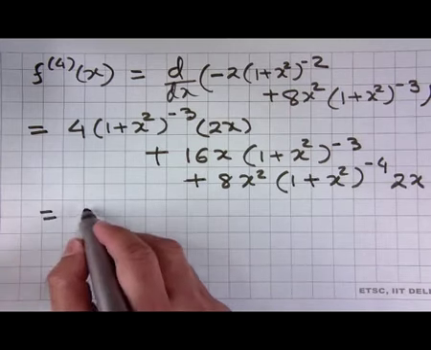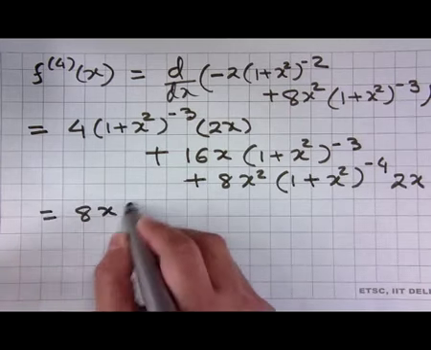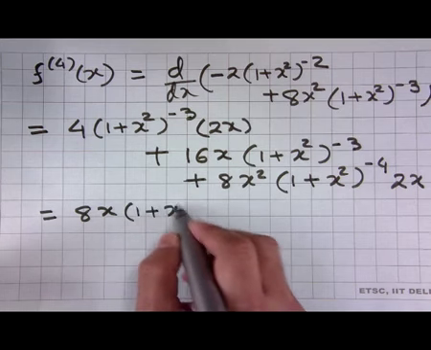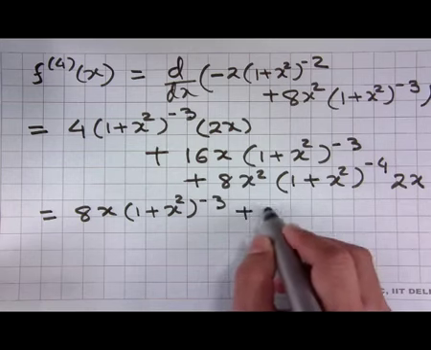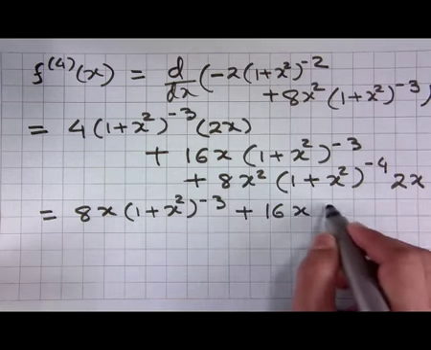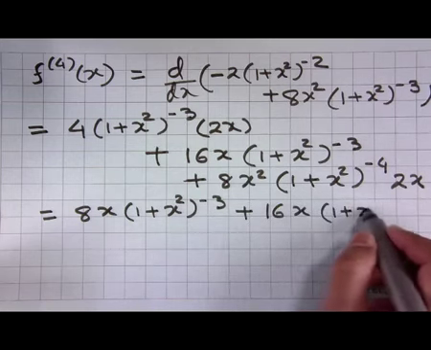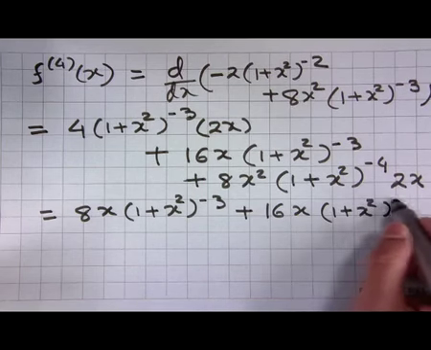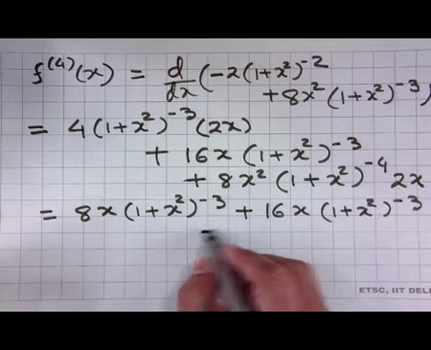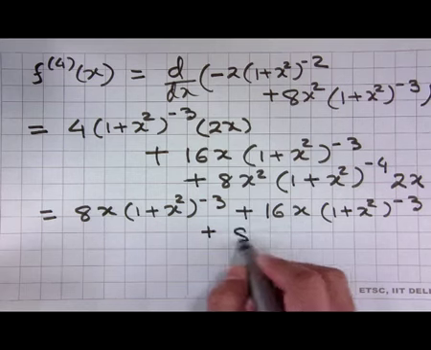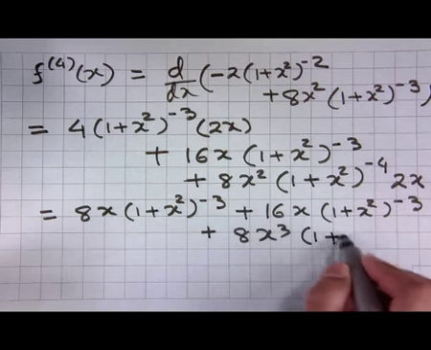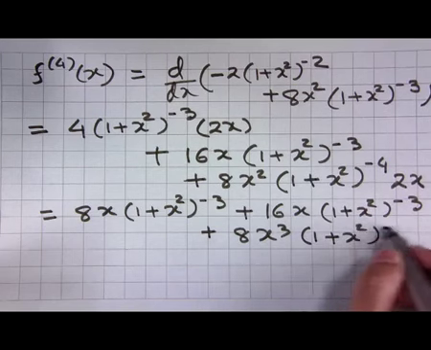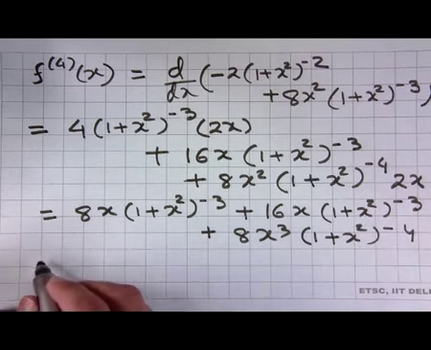which is equal to 8 x into 1 plus x square whole to the power minus 3 plus 16 x into 1 plus x square whole to the power minus 3 plus 8 x cube into 1 plus x square whole to the power minus 4.